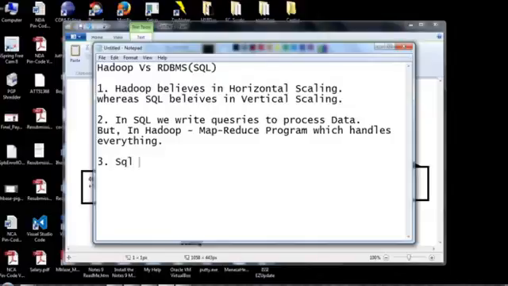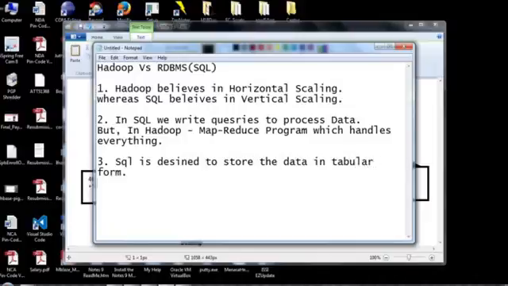So SQL is designed, as we all know, to store the data in tabular form, whereas Hadoop stores data in key value pairs. Suppose we have an employees table.